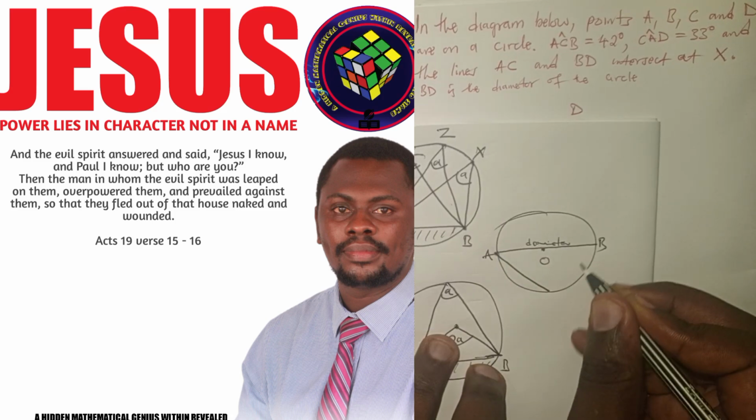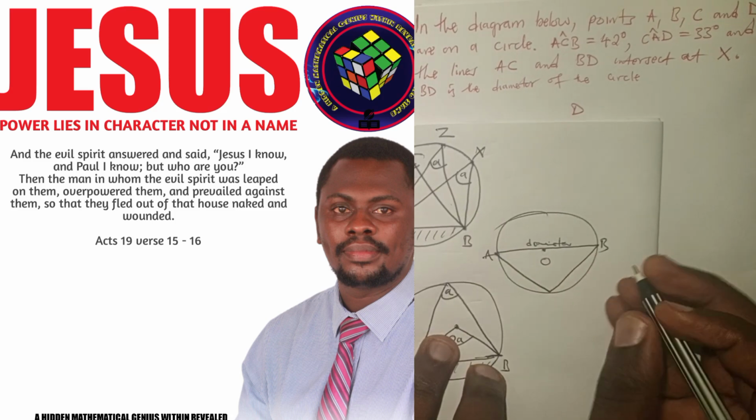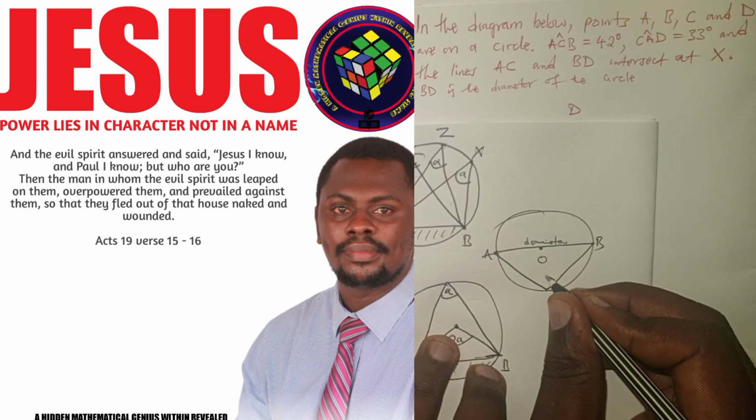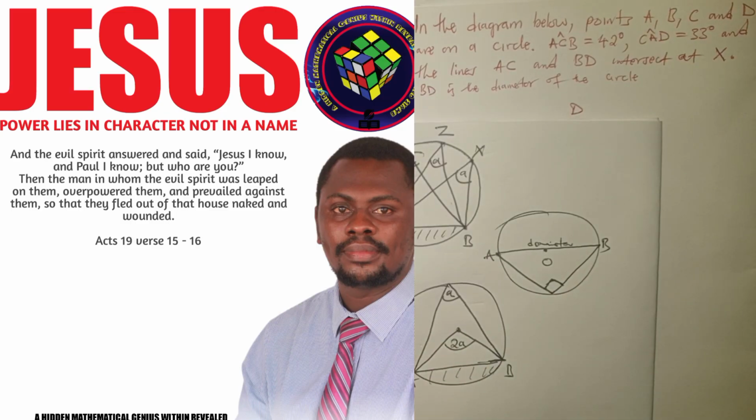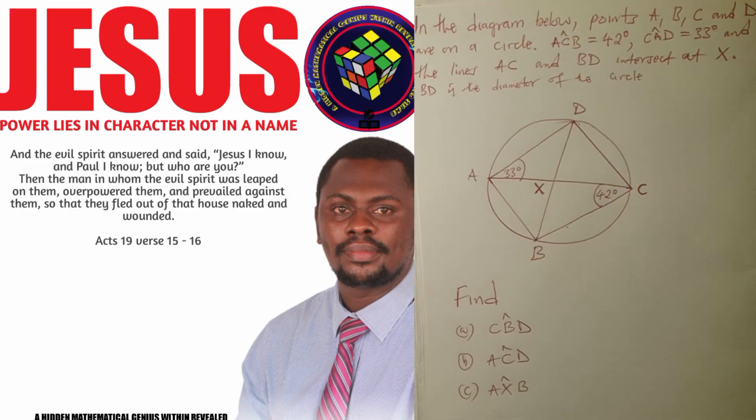So angles produced from a diameter are 90 degrees. So if you have an angle that is produced by a diameter, just know that the angle will be 90 degrees. Okay, let's see if we can answer these questions using these three properties.